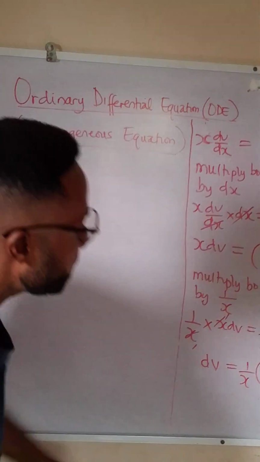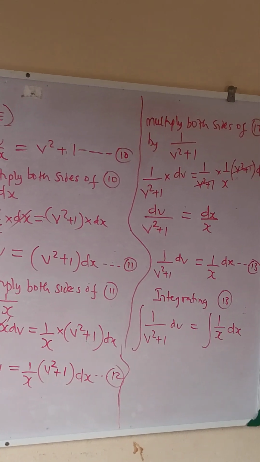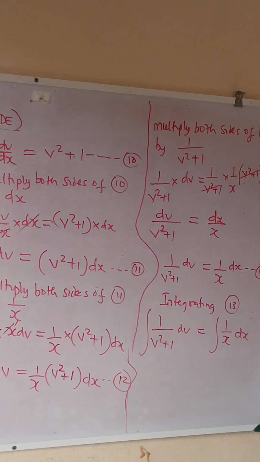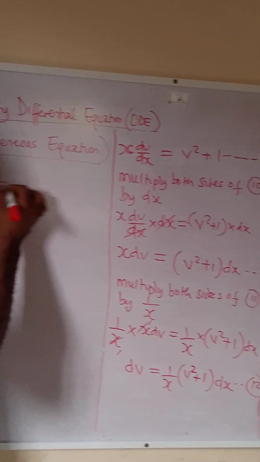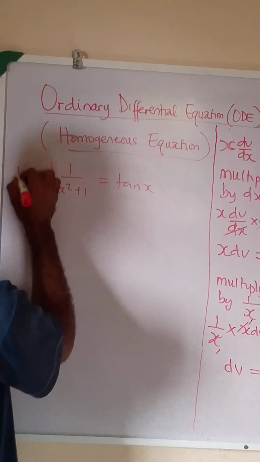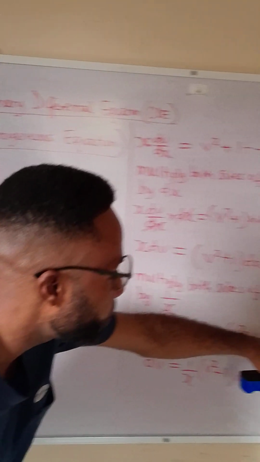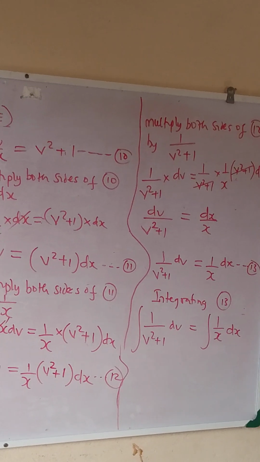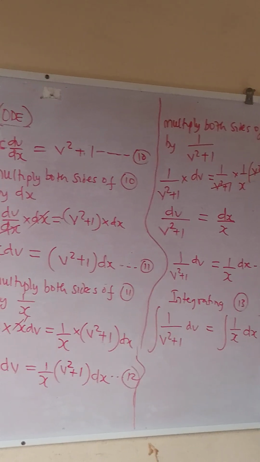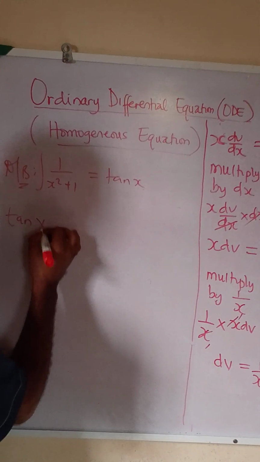So if we integrate 1 over v squared plus 1, let me write it: the integral of 1 over x squared plus 1 is equal to tan x. But since we are dealing with v, our answer is going to be tan v.